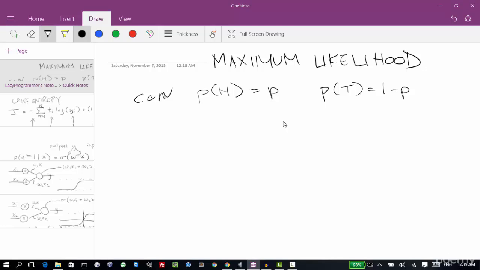We flip the coin 10 times and we get, say, 7 heads and 3 tails. So how would we write the total likelihood, which is the probability of seeing the result that we saw?